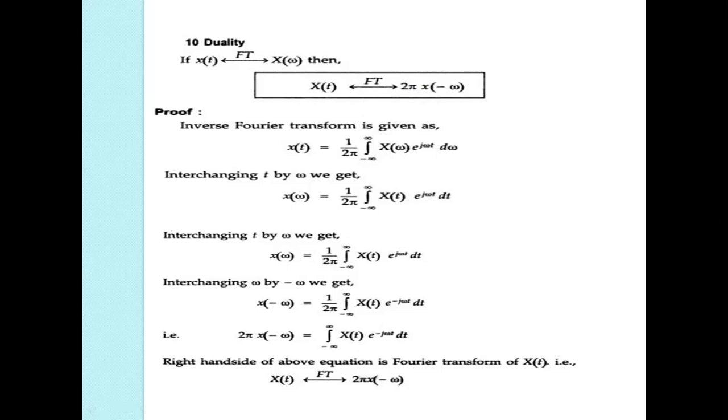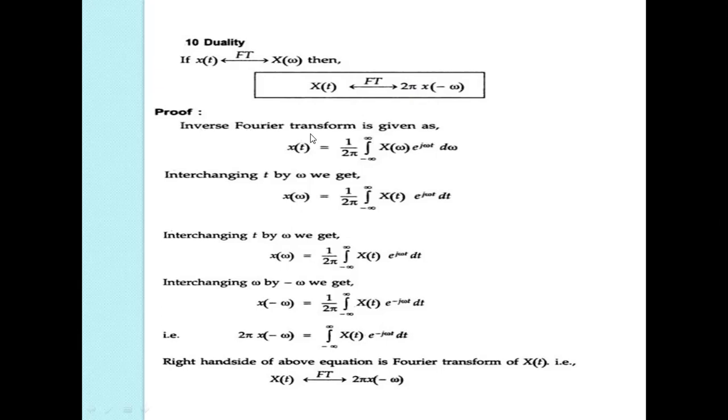Duality: X of t has the Fourier transform 2 pi into x of minus omega. Some manipulation will be done to prove the duality property here.